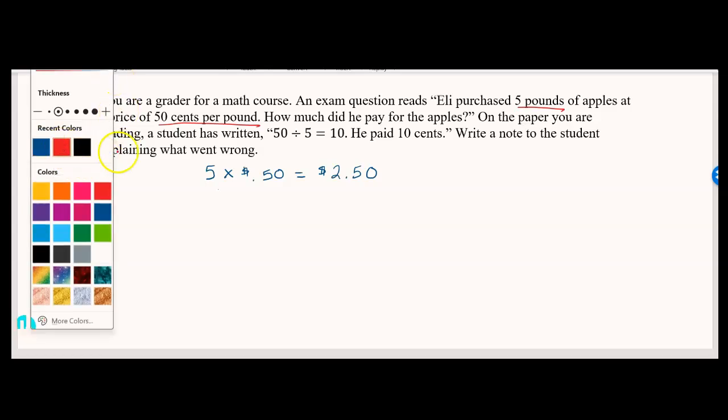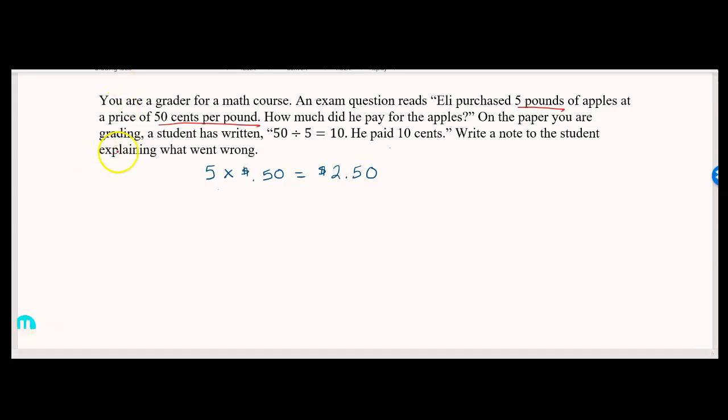We have 5 pounds of apples, and each pound was 50 cents. That's a really good deal, by the way. So now we're going to take 50 cents, right, times the 5, and that means it would have cost $2.50.